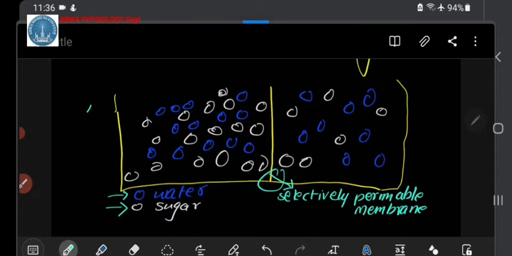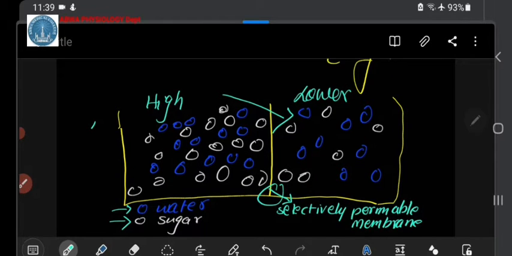So this is the higher concentration, this is the lower concentration. The water moves from this side to this side. So the water will move from higher concentration towards lower concentration, but the solutes remain the same.